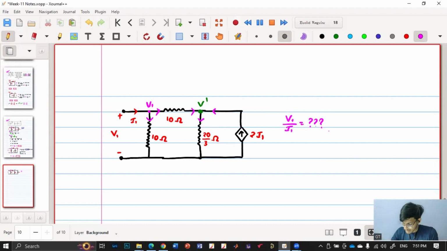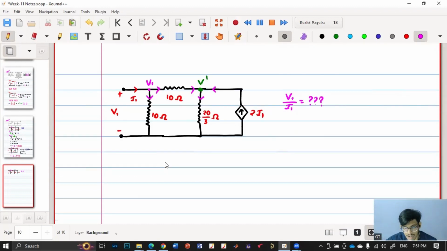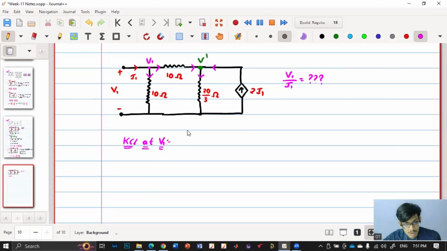Again, the same way we can first apply KCL at V1. So you will get I1 is equals to V1 by 10 plus V1 minus V dash by 10.